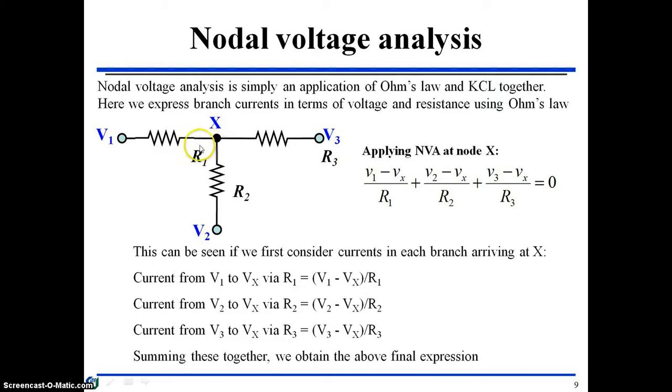Here we consider all the currents to be towards the node. So on the other side of the equation, we consider there will be no outward current.